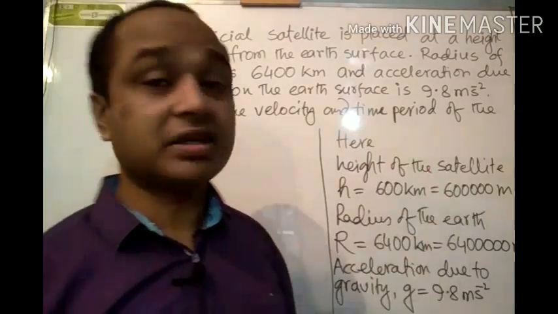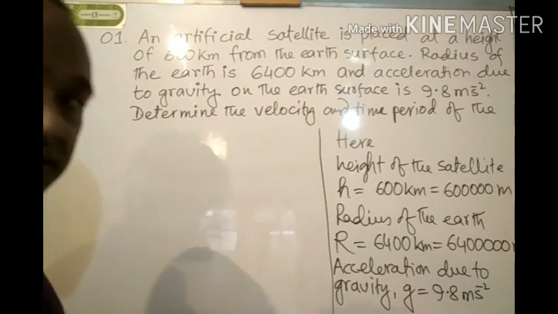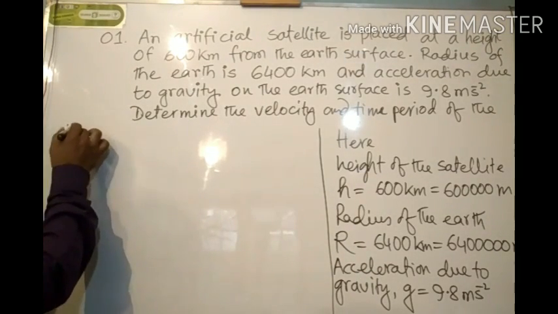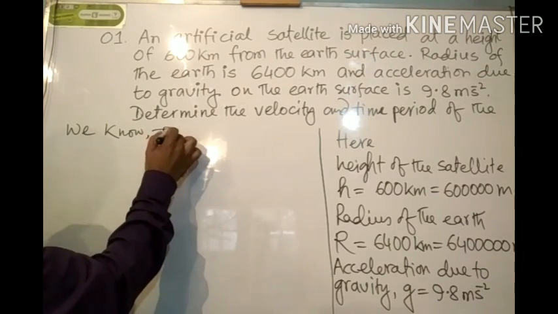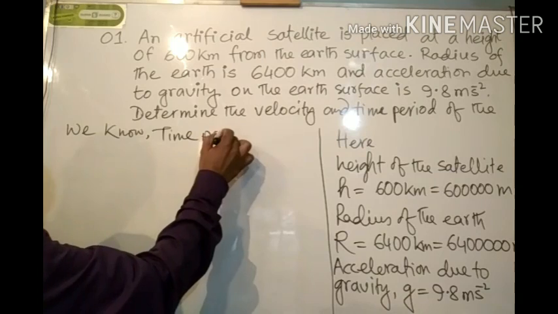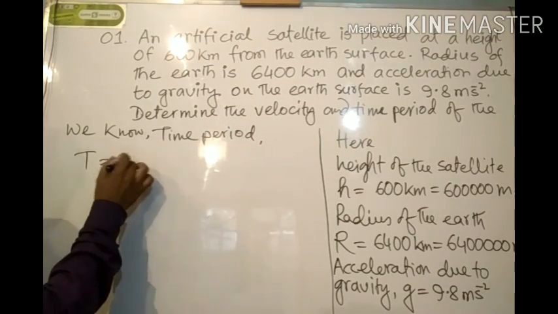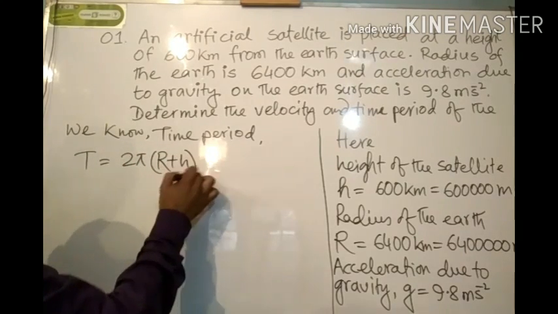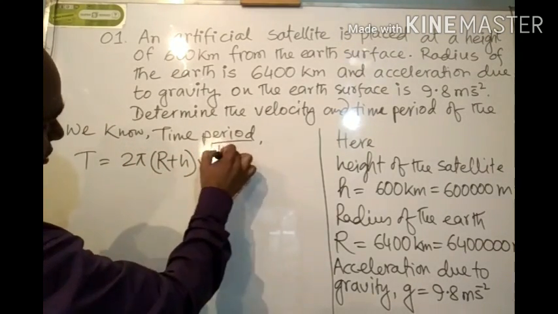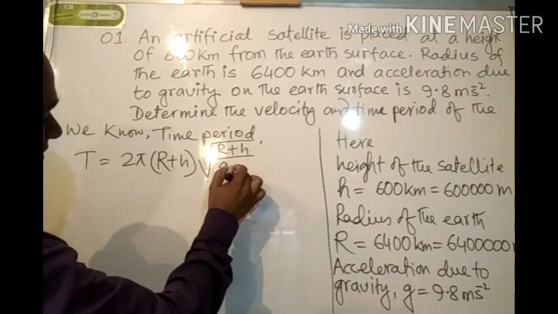Now we have to calculate the time period of the satellite. We know the time period T is equal to 2 pi (R plus h) square root of (R plus h) divided by GM.